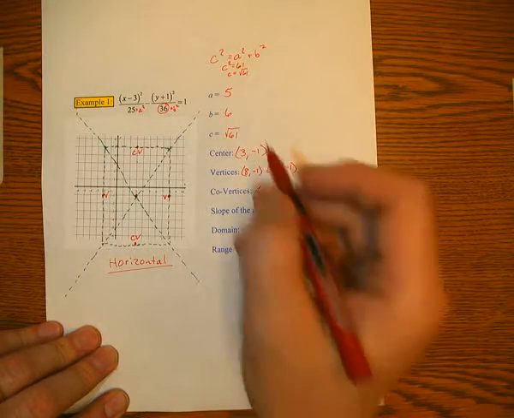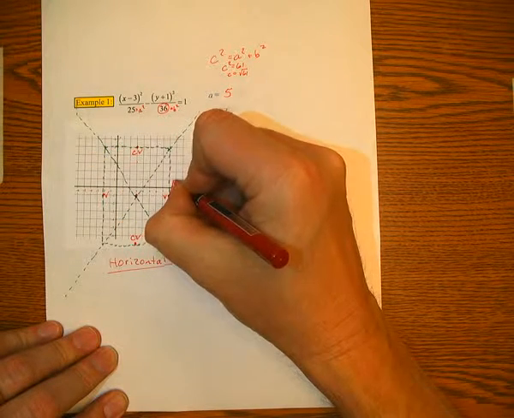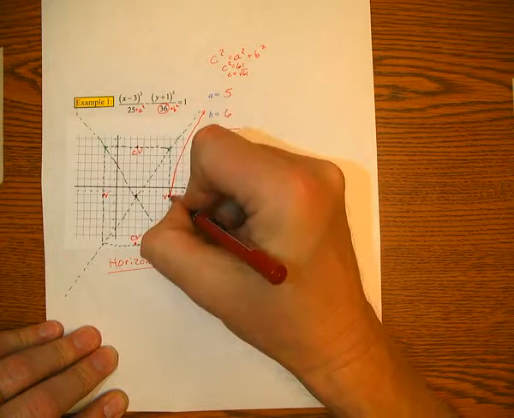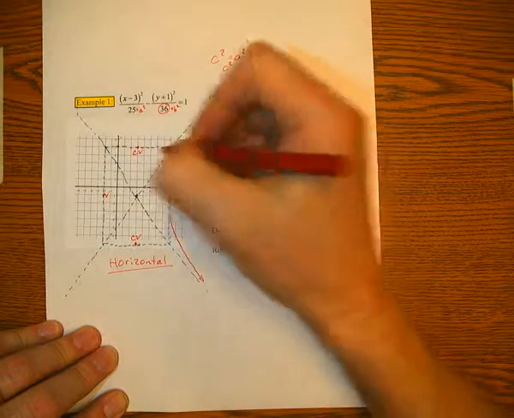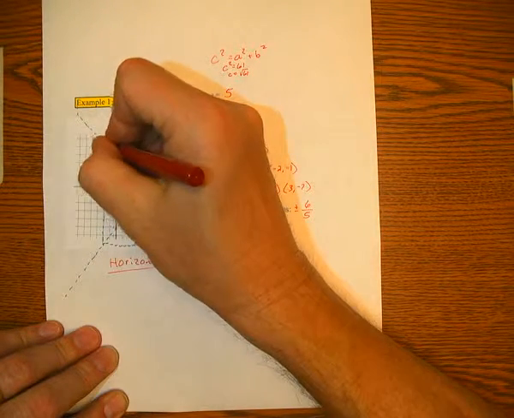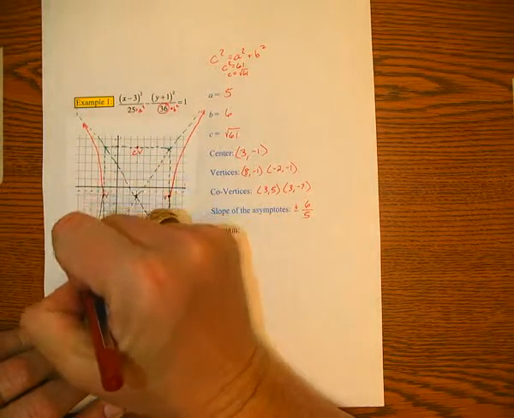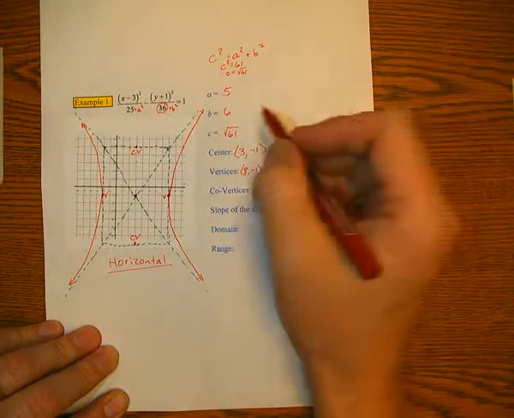All right, so your graph we can draw from your vertices approaching your asymptotes on each side of this box here. There's going to be a fairly wide hyperbola.